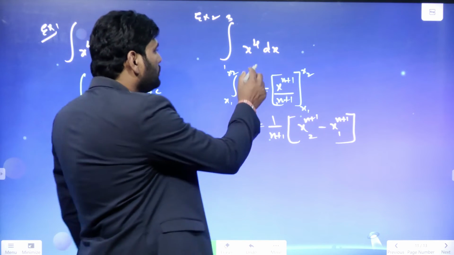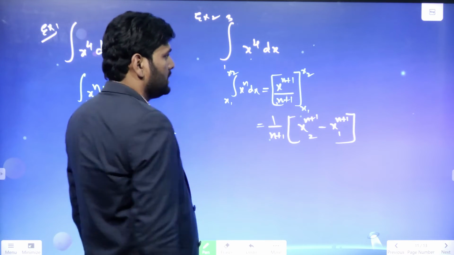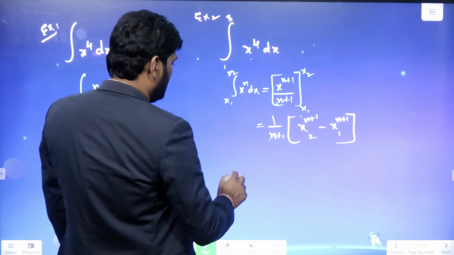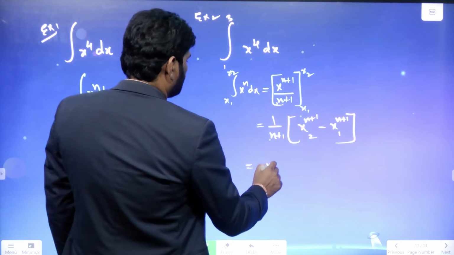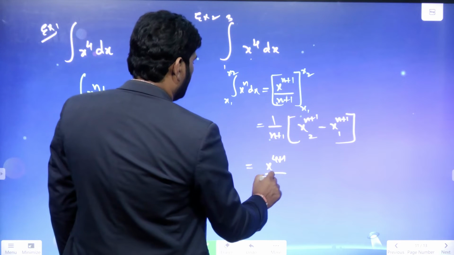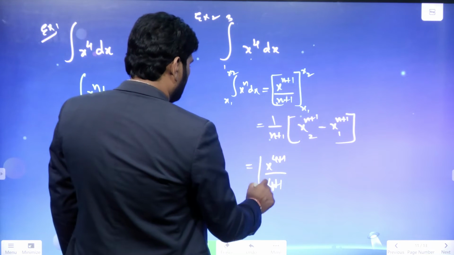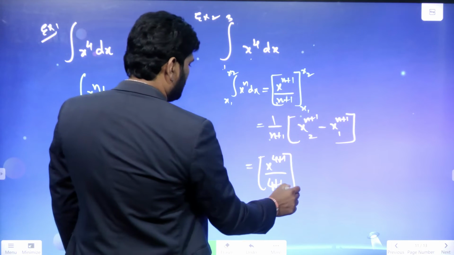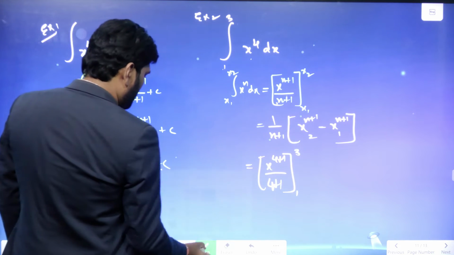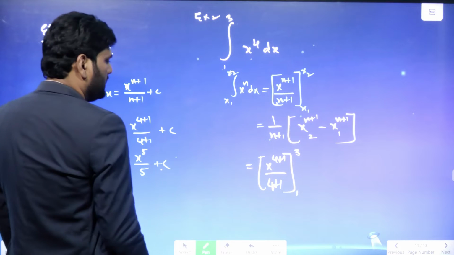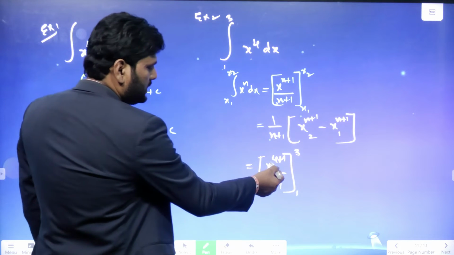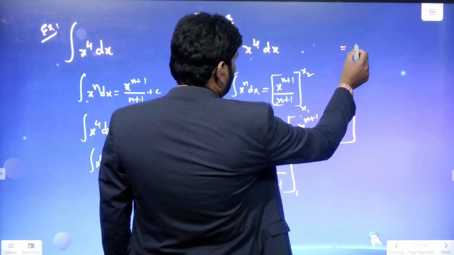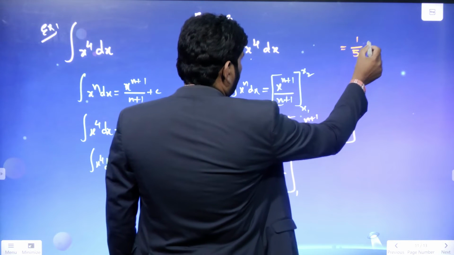Now I'll apply these limits for this integration. You know the integration of x power 4 is x power 4 plus 1 by 4 plus 1, with limits 1 to 3. First you can take the 4 plus 1 common outside, that is 1 by 5.